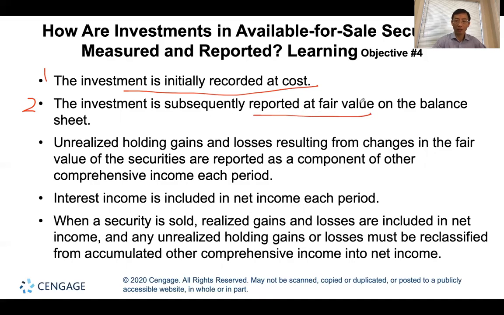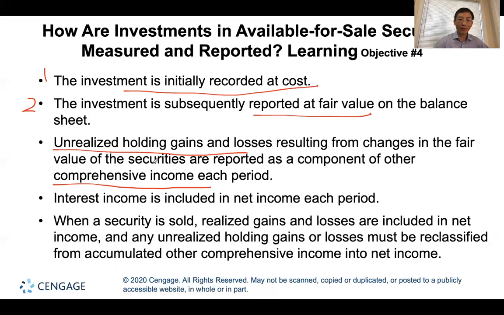And because of this fair value, we will have unrealized holding gains and losses. But here, the unrealized holding gains and losses for available for sale security are different from trading security.